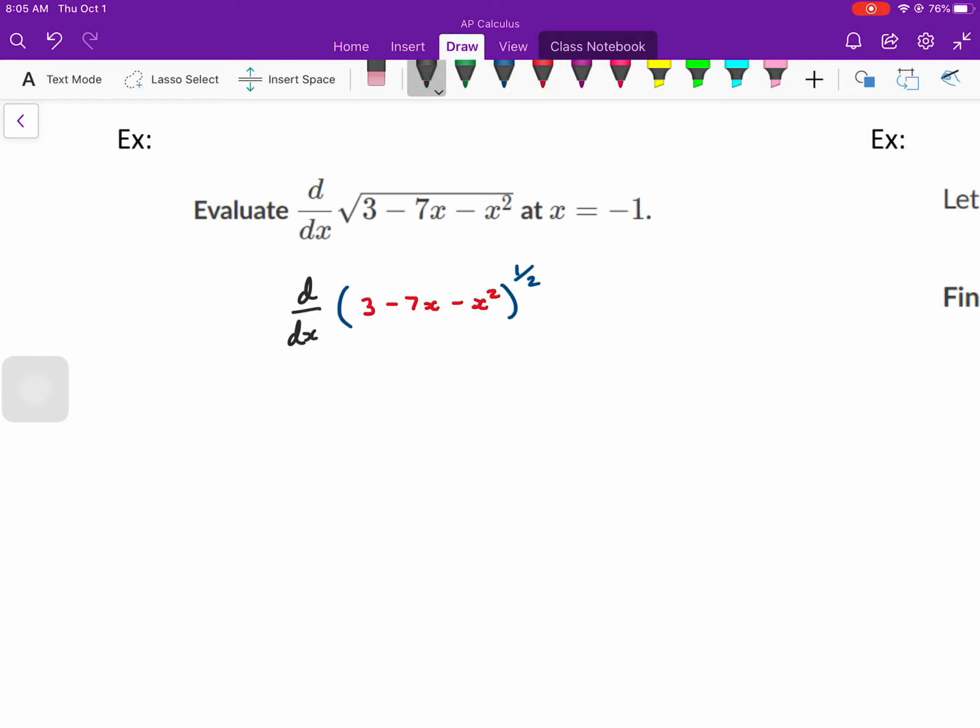So when I take the derivative of this, it's going to be 1/2 times all of that to the negative 1/2, because we take away 1, right? Actually, I'm going to run out of room, so I'm going to bring that right here. And then keep the same inside, 3 minus 7x minus x squared. And I'm going to multiply by the derivative of the inside, which will be negative 7 minus 2x.